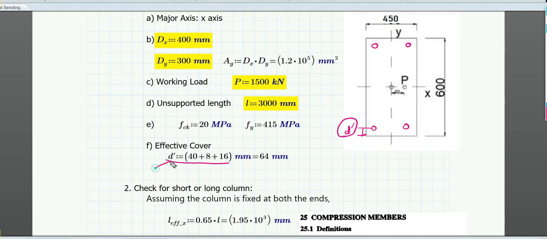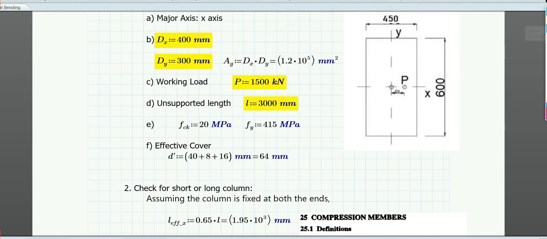So d dash is nothing but the effective cover. For column, basically we take 40 mm clear cover, then 8 mm of stirrup, and 16 mm, assuming 32 mm bars, so 16 mm I have assumed. So it is 64 mm of d dash that we have taken for our design.